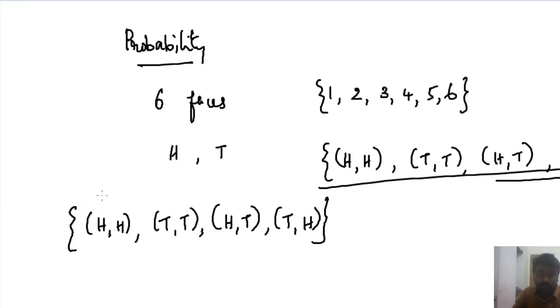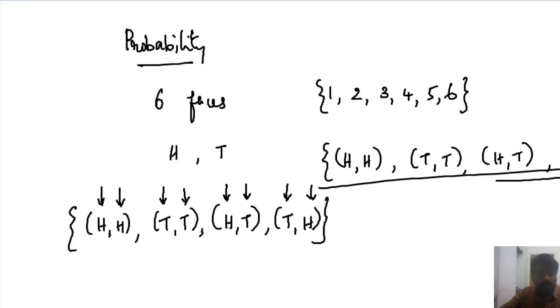When you toss the first coin, you got head, and the second coin again head. Next case, first coin tail, second coin again tail. Third case, first head, second tail. And the fourth case, first time tail, and the second time head. This is the sample space. I hope it is very clear to you.